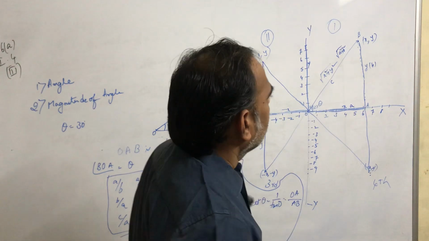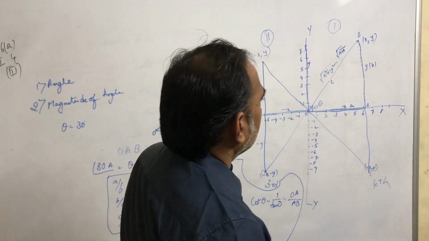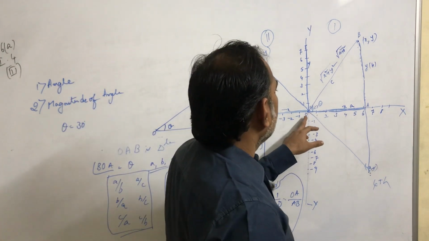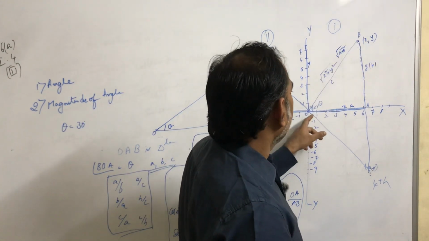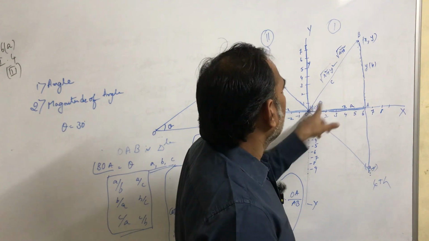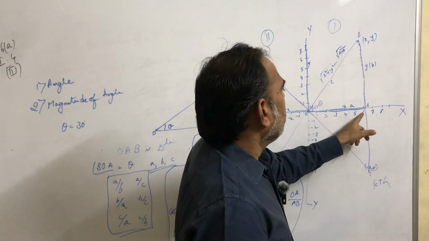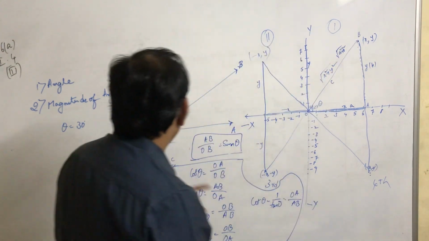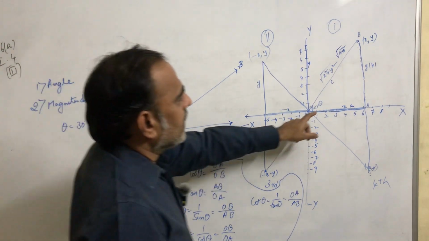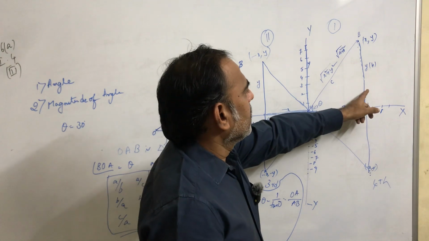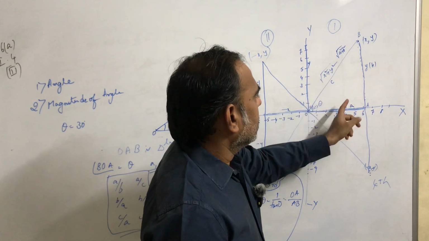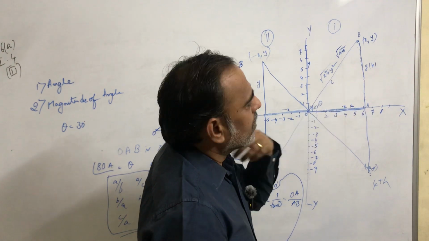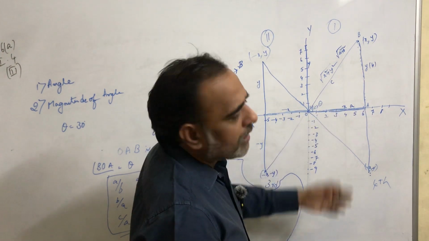Okay, in the first quadrant, now if we draw the line OB, then a triangle will be formed. OAB triangle, right? Once the triangle is formed, we have three sides, and once we have three sides, how many ratios are possible? Six ratios are possible.